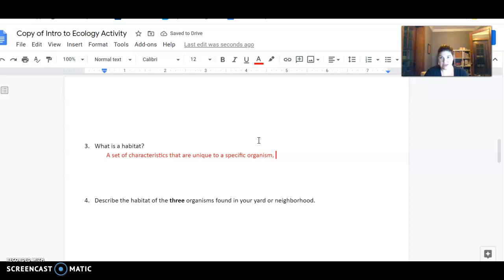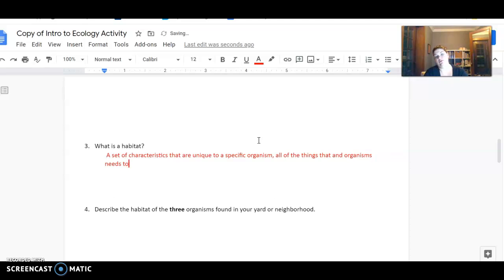So it is all the things an organism needs to survive and thrive or reproduce. So I could have multiple habitats in the same area because I'm just focused on what the categories or characteristics that the organism needs in that area are.